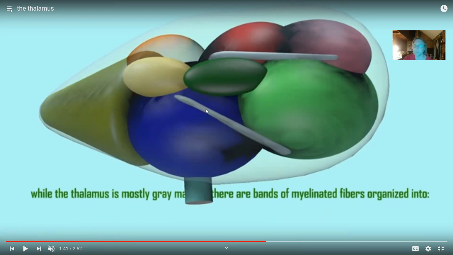I know this doesn't look perfectly Y-shaped, but sorry, it's hard to work with this 3D animation program. So that's as close as I could get. So there are then bands of white matter, which would split this anterior nucleus from neighboring nuclei.